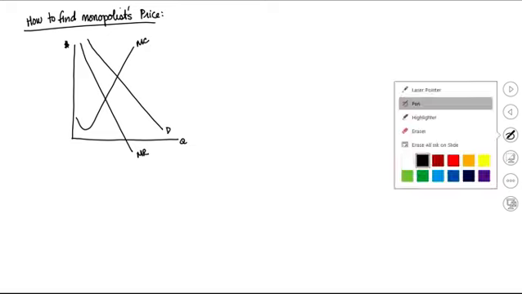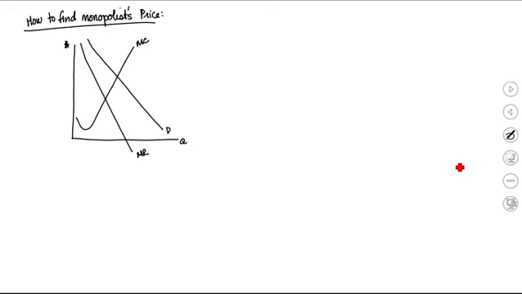So first thing we have to do is find output. Let's make a note of that. We first must find output. And what's the shortcut rule for finding output, everybody? We just covered it 10 seconds ago.